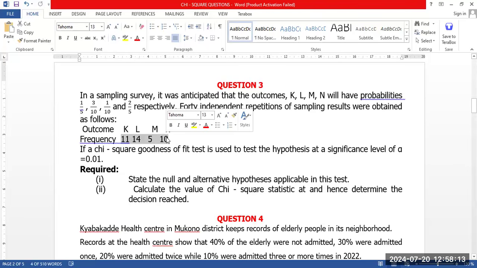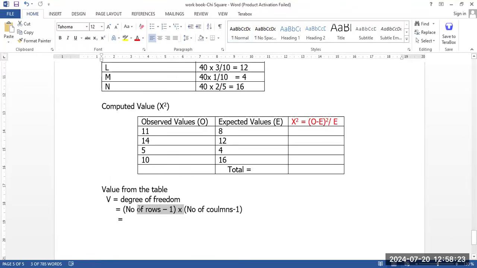So we cannot say 1 minus 1, we will get 0. So we eliminate that first bracket, and we just consider number of columns minus 1, which will be 4 minus 1.